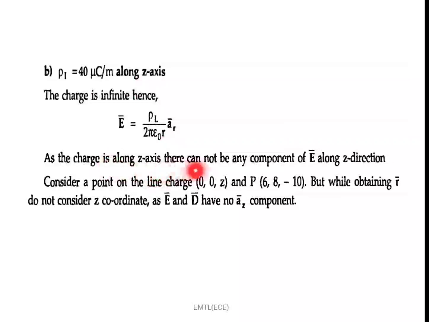As the charge is along the z axis, there cannot be any component of E bar along the z direction. So consider a point on the line charge (0, 0, z) and the point (6, 8, minus 10).